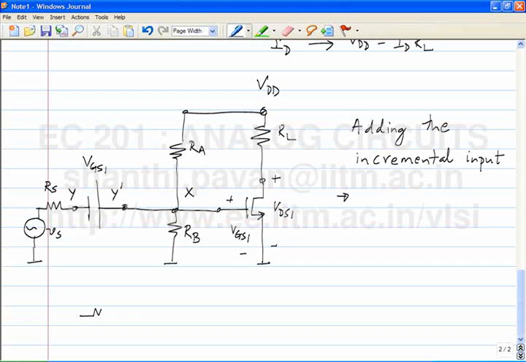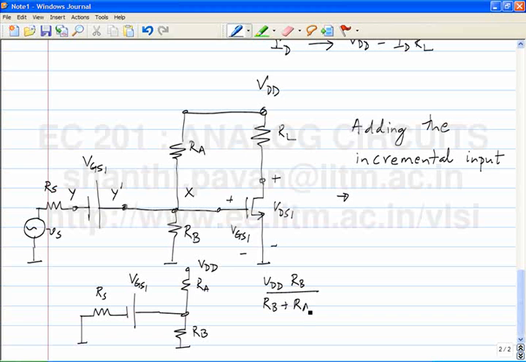So you have RS, you have VGS1, similarly you have RA, RB and VDD, and by definition VDD times RB by RB plus RA is VGS1.